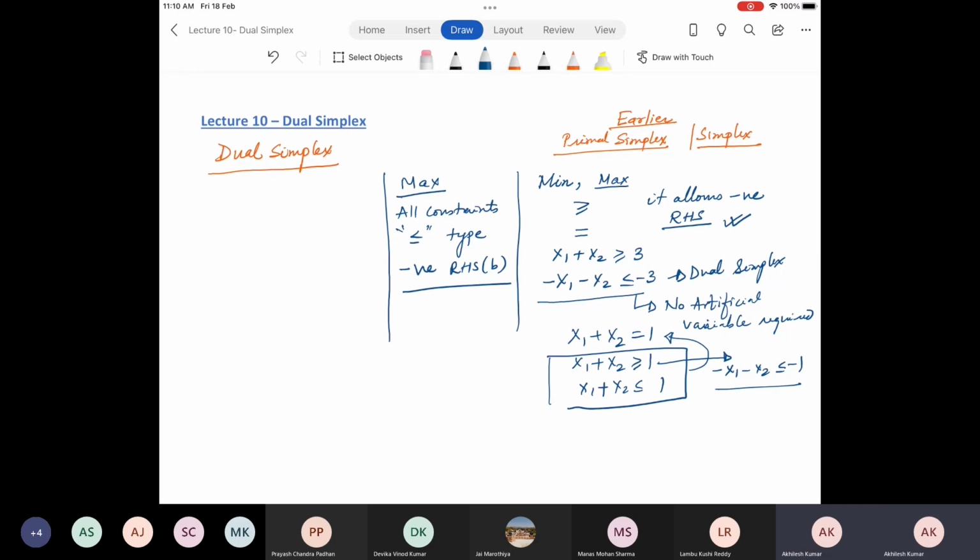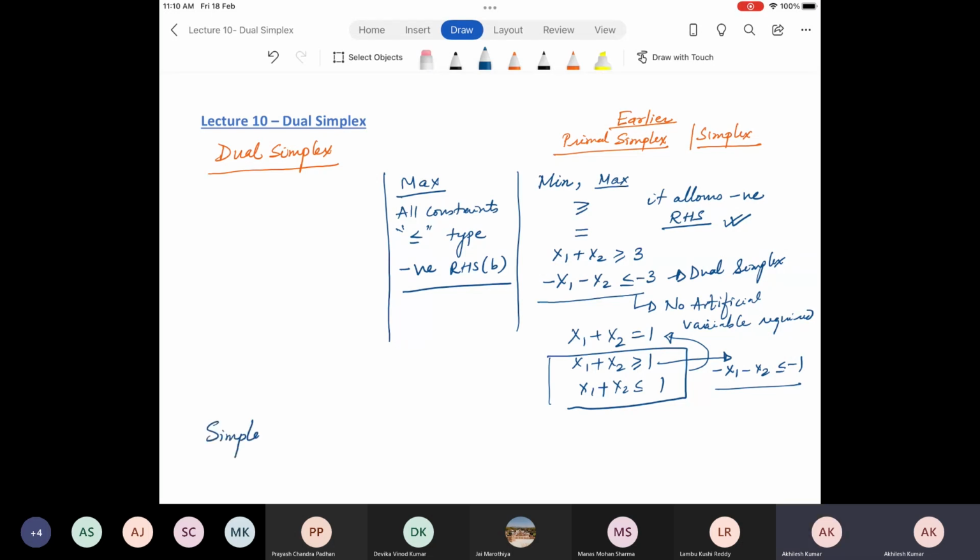So ideally this takes care of any kind of ill-behaved problem which we have seen using two phase or big M. All those we can work with using dual simplex without any artificial variable. Now coming to the dual simplex method.